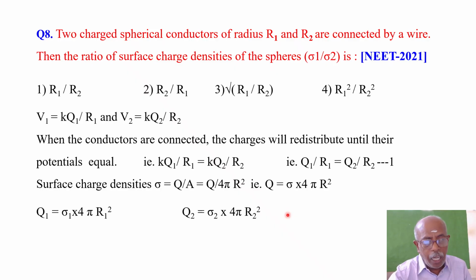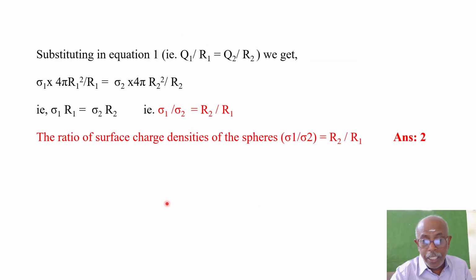Now you can substitute the values of Q1 and Q2 in equation 1, Q1 by R1 is equal to Q2 by R2. Instead of Q1, sigma 1 into 4 pi R1 square, divided by R1, is equal to, instead of Q2, sigma 2 into 4 pi R2 square, divided by R2. 4 pi on this side and 4 pi on that side cancel.